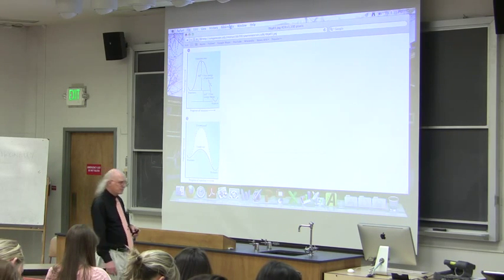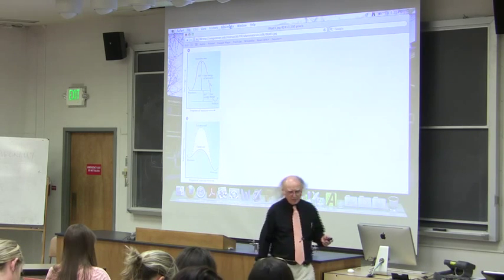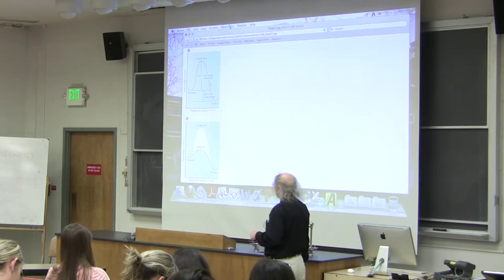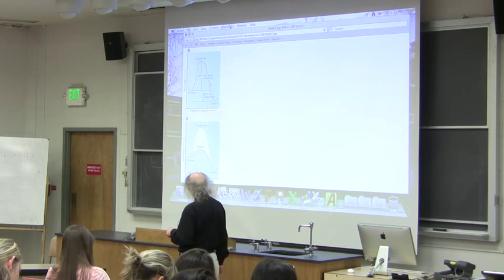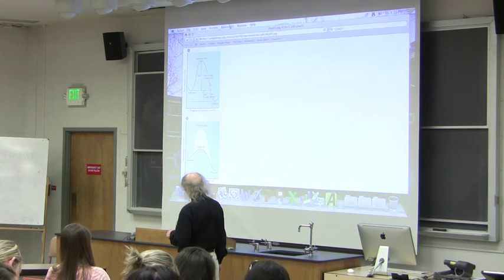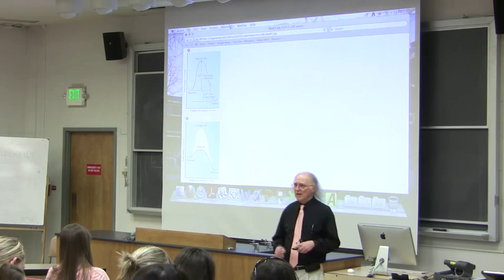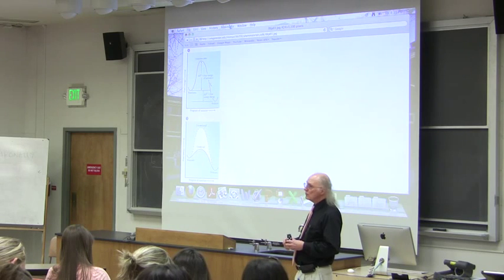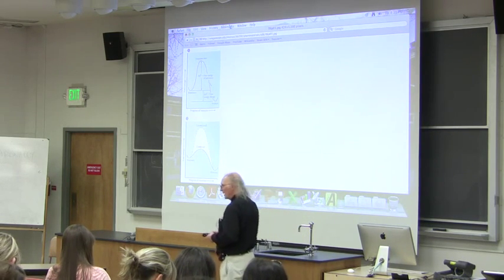Okay? Here's the same reaction with an enzyme. Notice that we have a lot lower energy of activation. But notice that the energy of the reactants and the energy of the products did not change. Enzymes do not change the overall energy of a reaction.